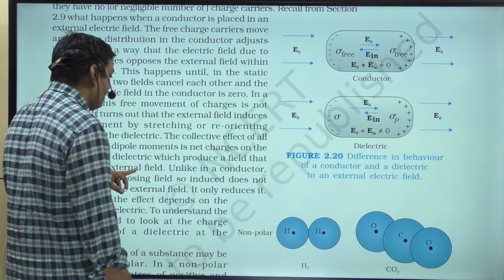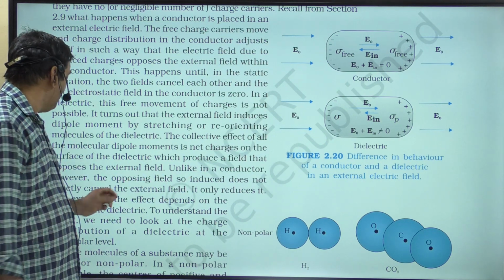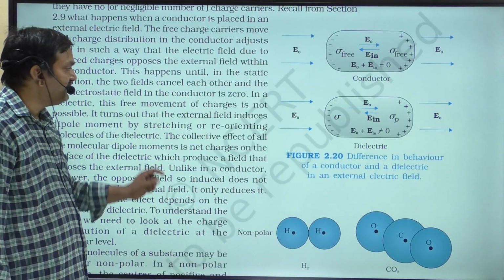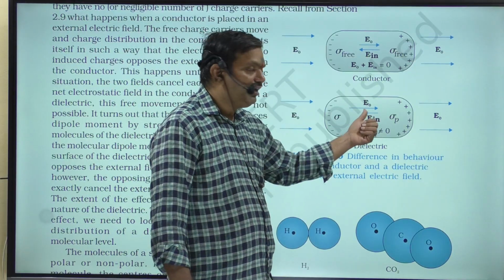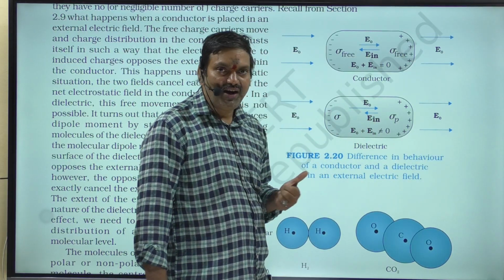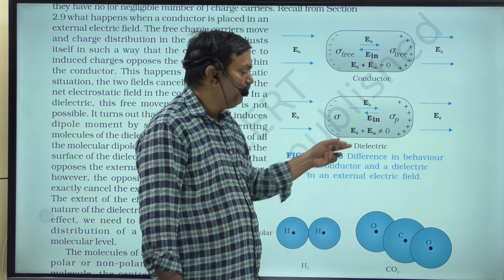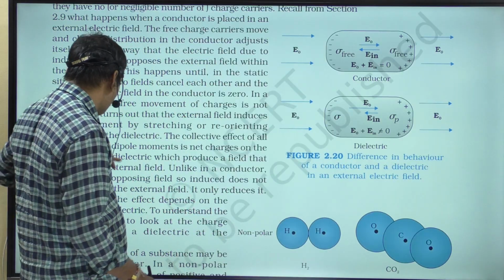That is the difference you observe here. Unlike in a conductor, the opposing field that is induced doesn't exactly cancel the external field, because its magnitude is only half or even less than that. So the resulting electric field is not going to be 0. That's what you understand now.